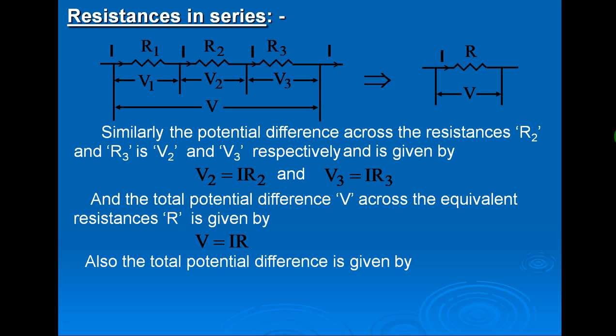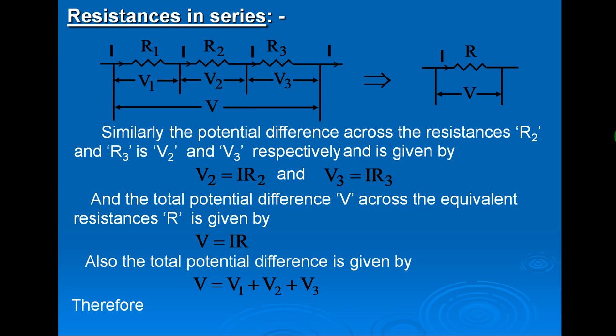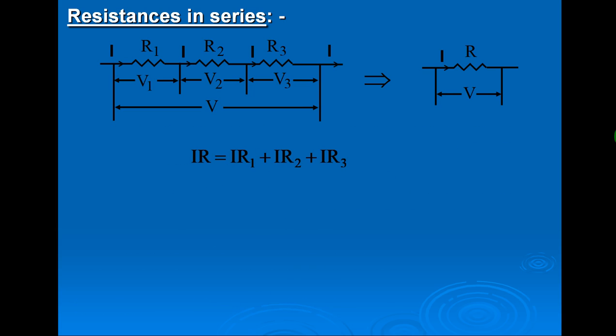Also, the total potential difference is given by V is equal to V1 plus V2 plus V3. Therefore, by putting the values of V1, V2, V3 and V, we get IR is equal to IR1 plus IR2 plus IR3.